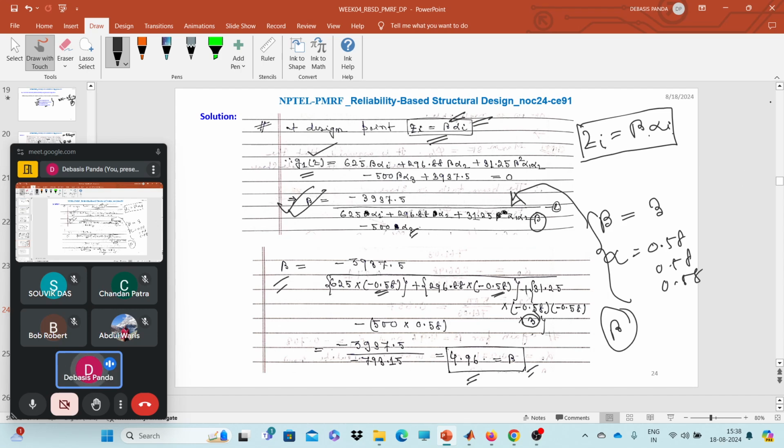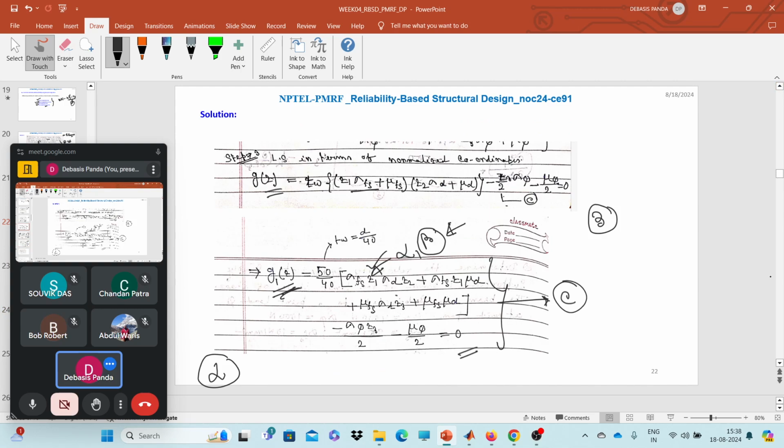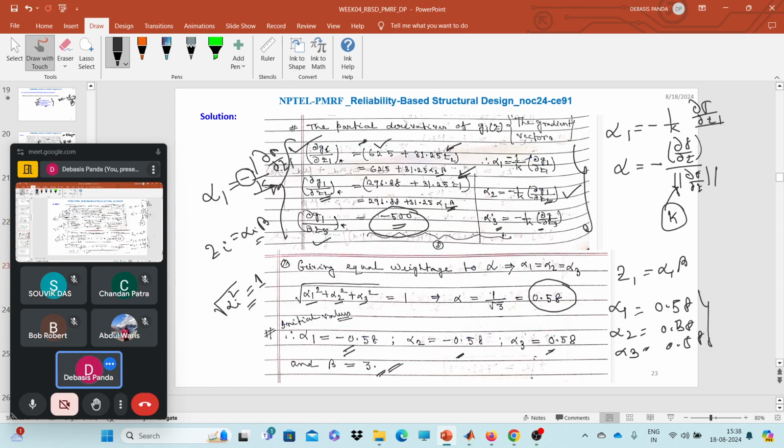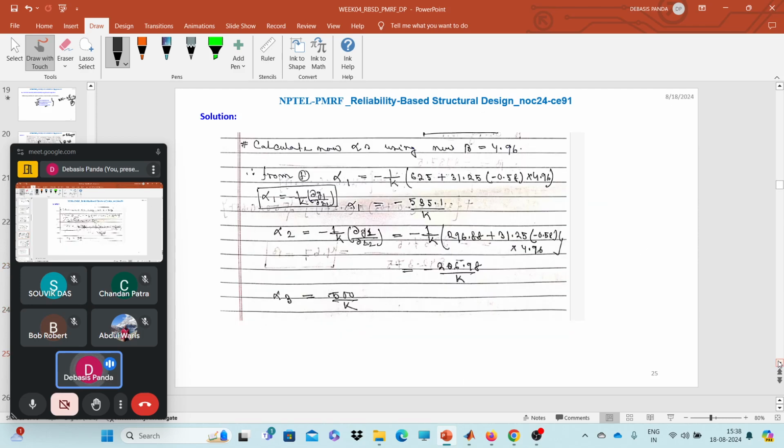So we have the derivations here. Use the derivations of the limit state function in standard normal domain, del g by del z1, del g by del z2, and del g by del z3. So we have a new beta 4.96. So alpha we can write out, alpha is equal to nothing but 1 by k.